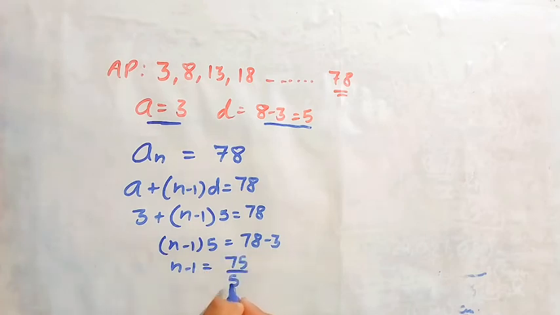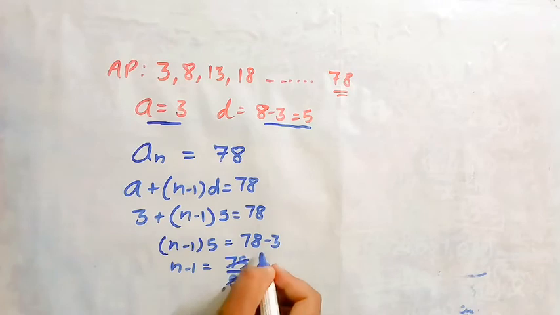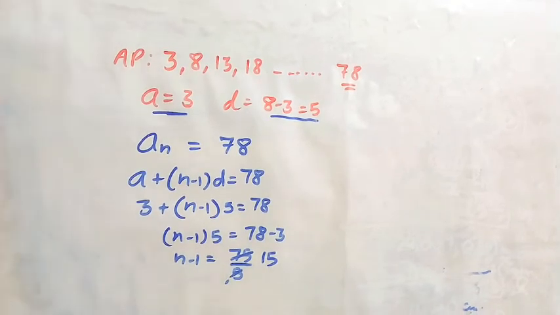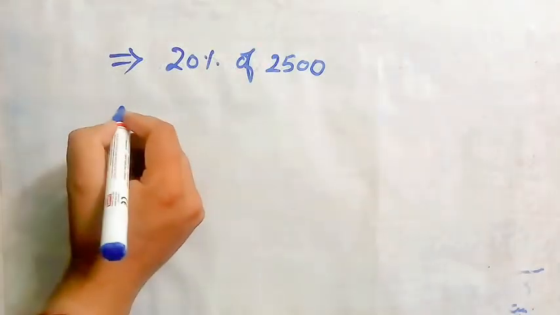So n minus 1 will be 75 upon 5, which is equal to 15. And from here n will be equal to 15 plus 1, which is equal to 16, which is your required answer. Next is 20% of 2500 is.